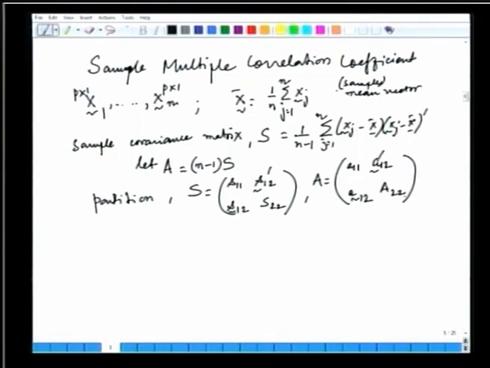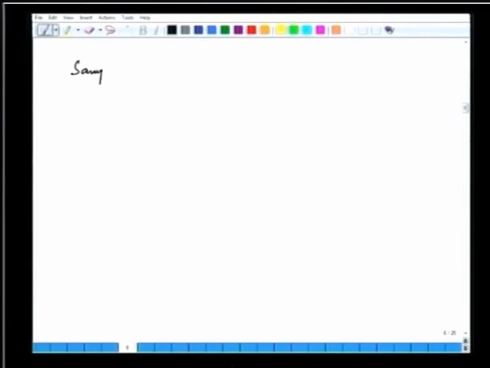So, it is obvious that I am partitioning X into the form that I have one element here, say x1, again without loss of generality, and the remaining p minus 1 here, vector x2. So, the S and the A matrices have been partitioned in this way, and then we can define the sample correlation coefficient between x1 and x2 to xp.